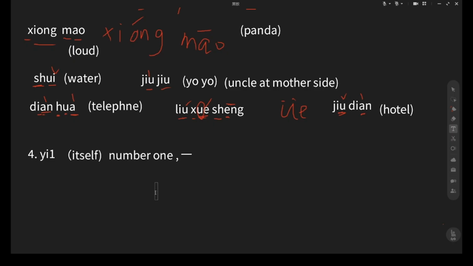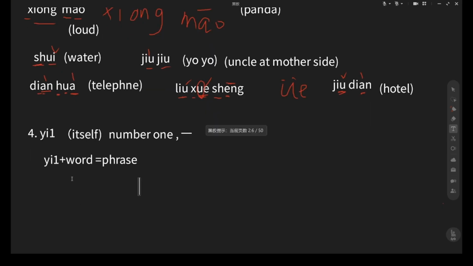But sometimes E can be with another word to form a new phrase. So this E can be with other words to form a new phrase.